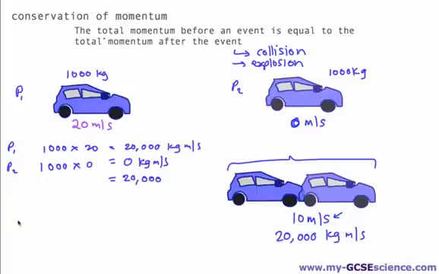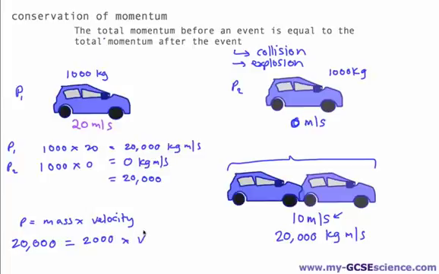Well, again, we could use the formula momentum equals mass times velocity, and we know the momentum is 20,000. So 20,000 equals, what's the combined mass of these two? We haven't written it here, but we do know from the first part of the question that both have a mass of 1000 kg, so together it's 2000 times velocity.